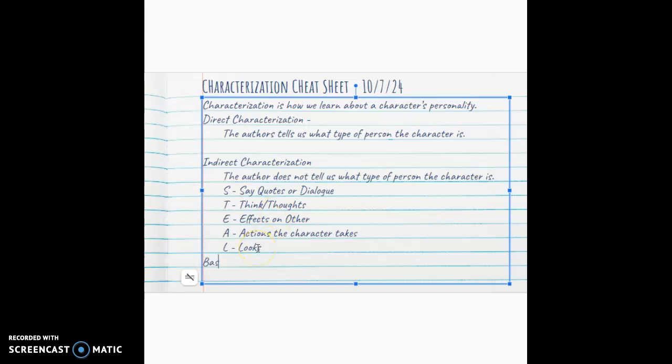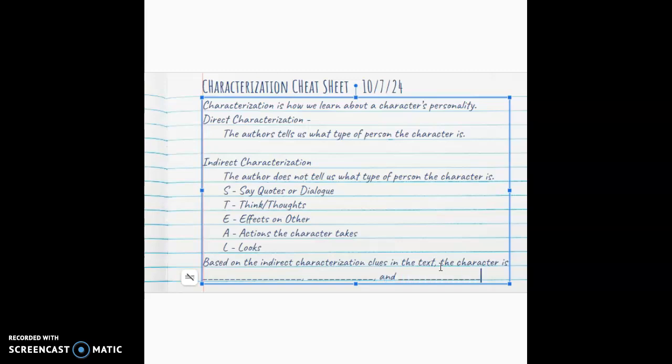So, based on the indirect characterization clues in the text, okay, so based on these clues, right, because the author didn't tell us if they were good or bad, the character is blank, blank, and blank.